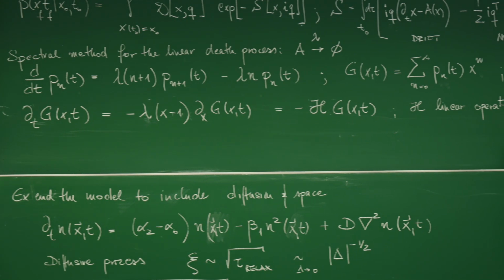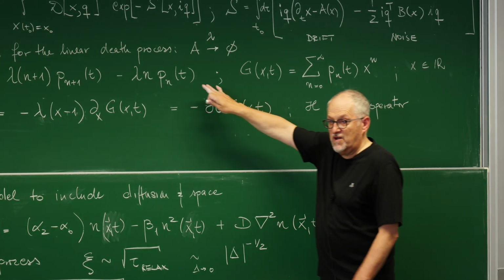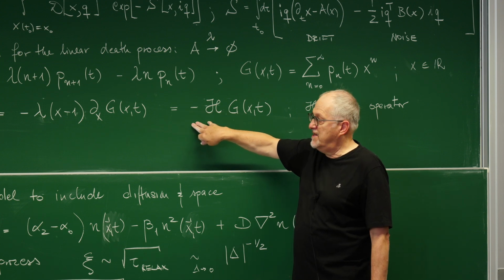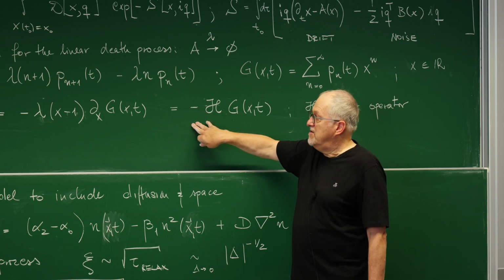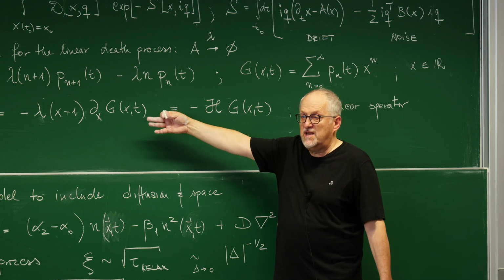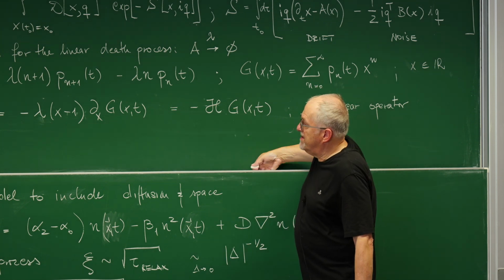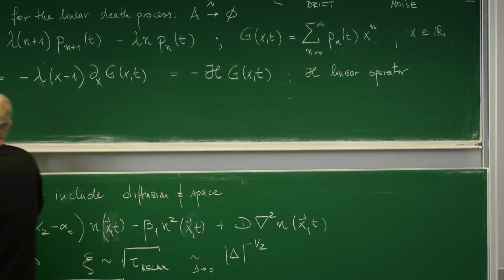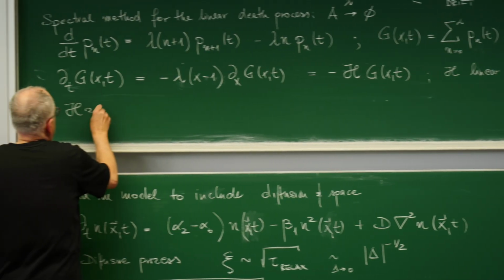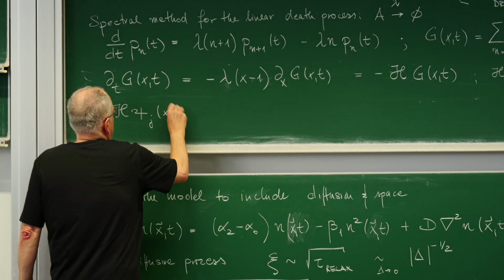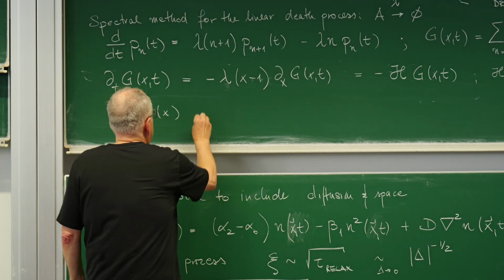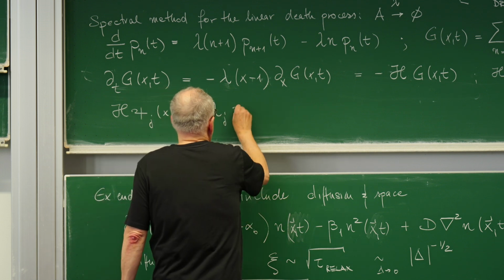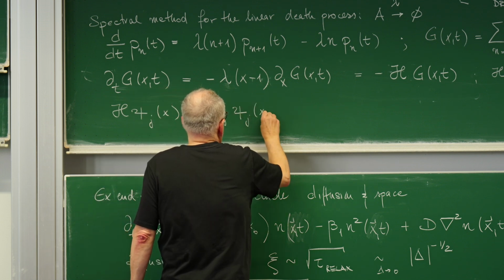And once you realize that this master equation can be written in an equivalent form that corresponds to a spectral problem, you can now do the spectral analysis of this equation, right? It's a linear operator, so you can find the eigenfunctions for that. So let's say h psi j of x is lambda j psi j of x.